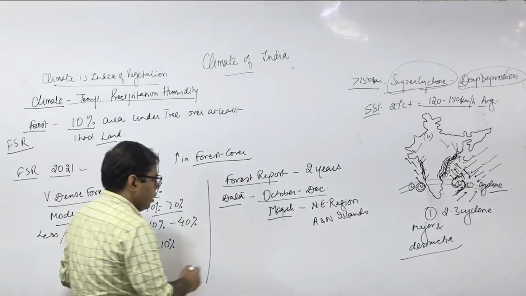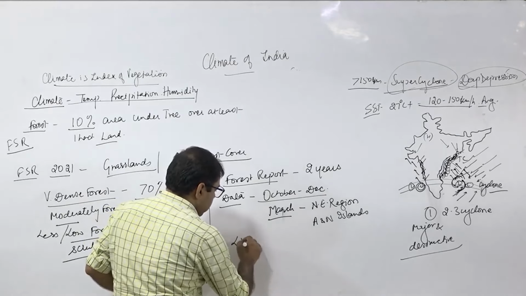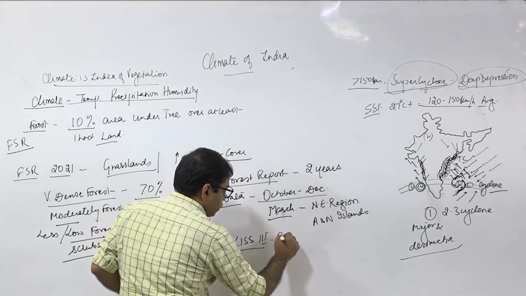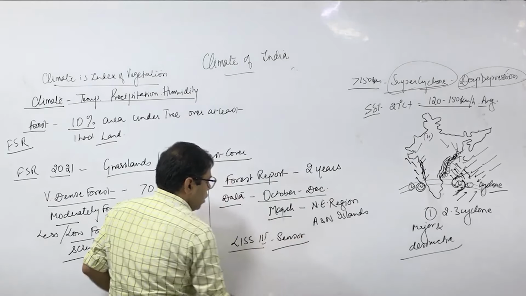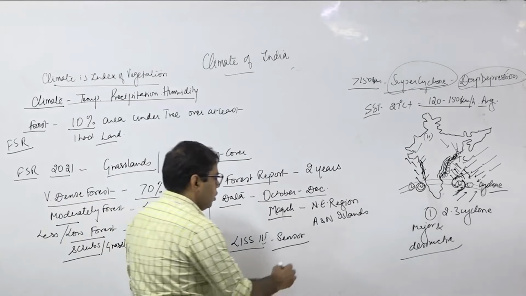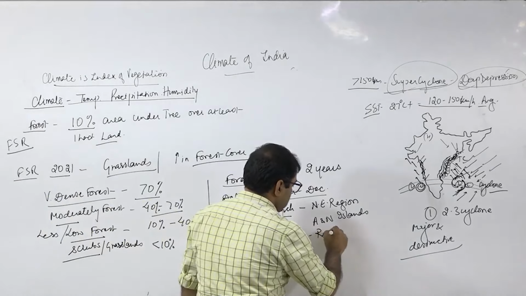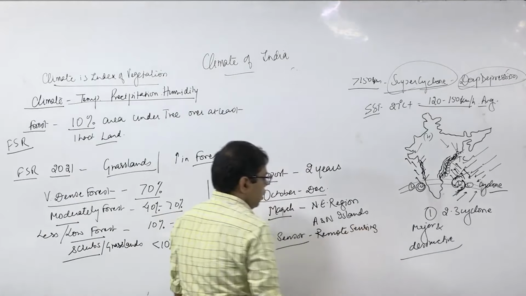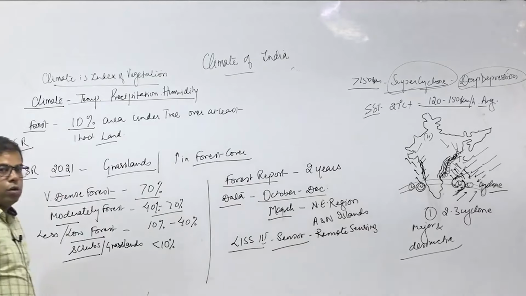So the data collection has been up to March in the Andaman and Nicobar Islands. The data has been collected by the LISS-3 sensor of remote sensing.